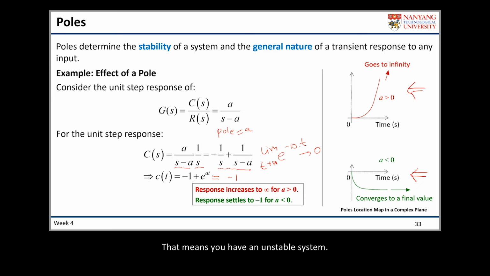That means you have an unstable system. A positive pole will give an unstable system because the response will go to infinity. If you have a negative pole, a is negative, the response will converge to a single value, then we can say that the system is stable.